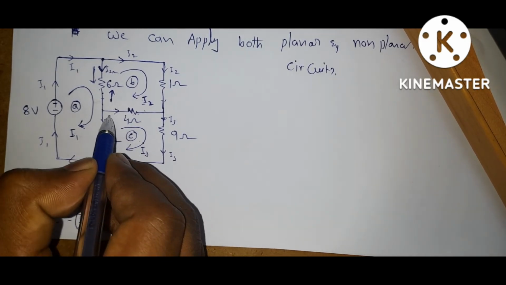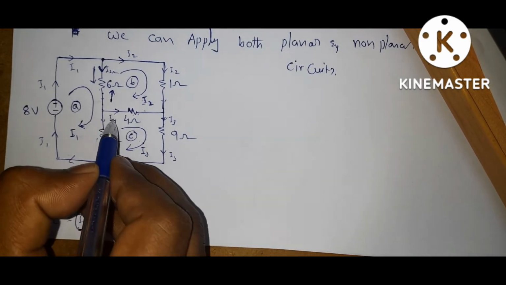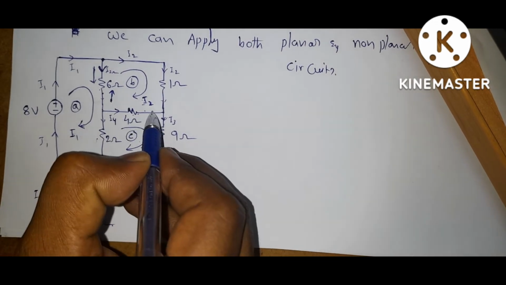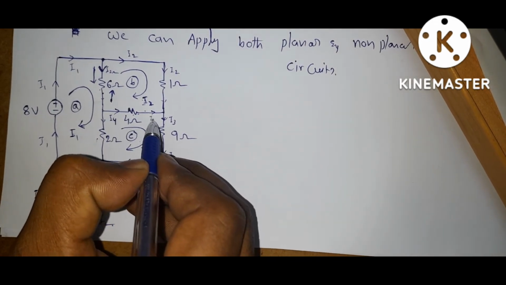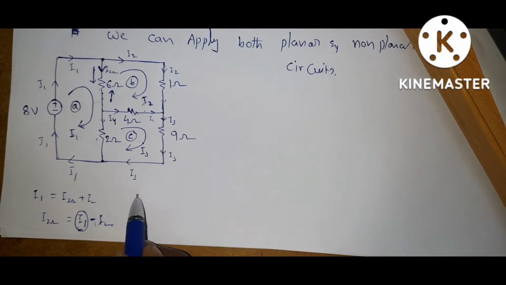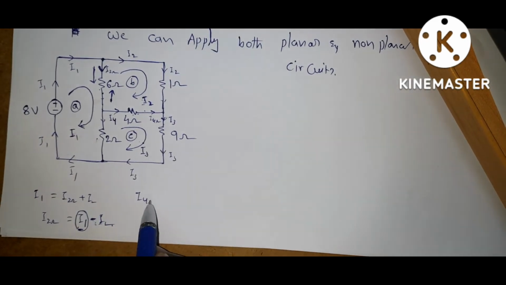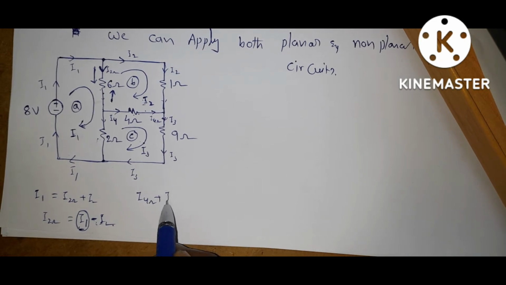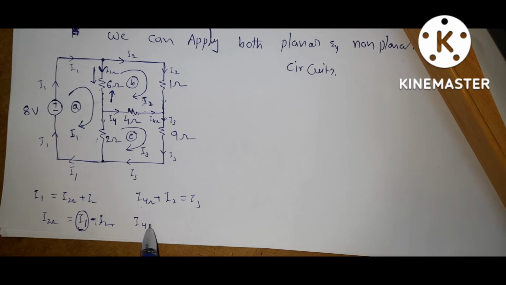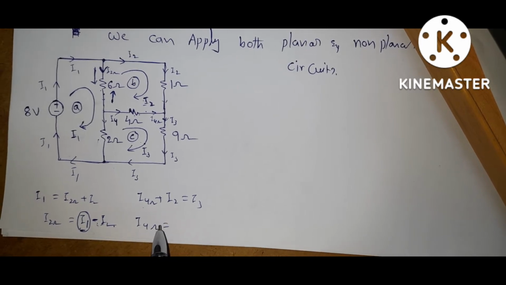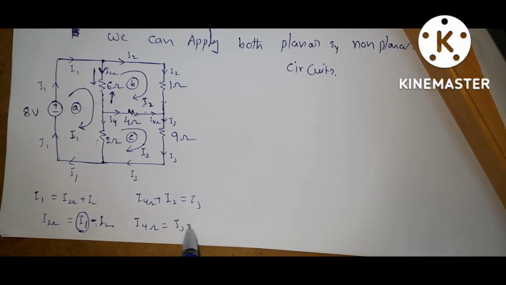Same here. Let this be I 4 ohm. What are the entering currents? I 4 ohm plus I2 is equal to I3. Now from this, what is I 4 ohm? I 4 ohm is equal to I3 minus I2.